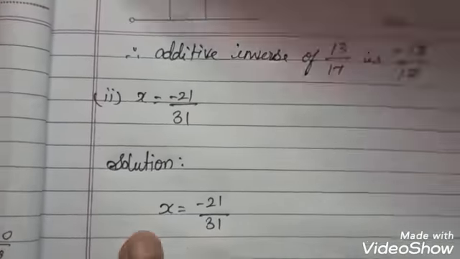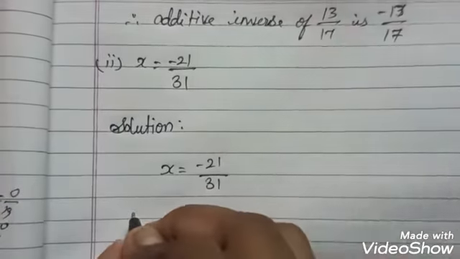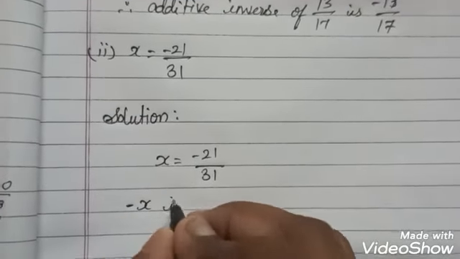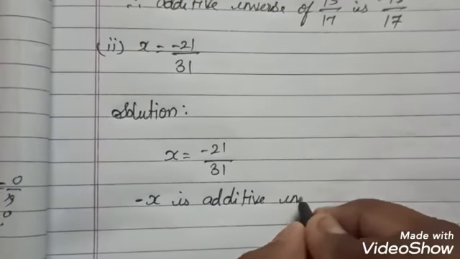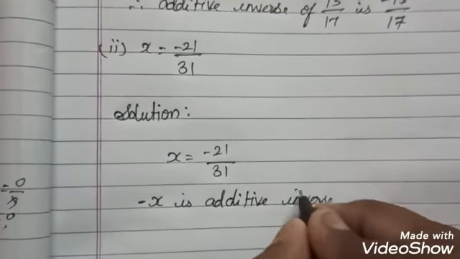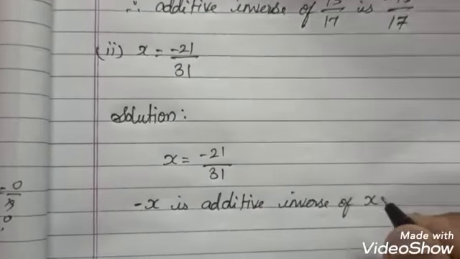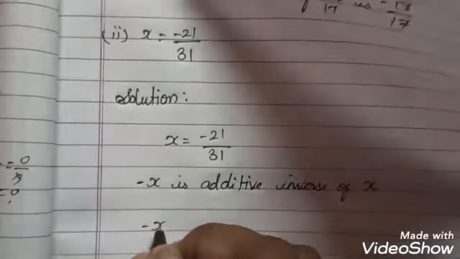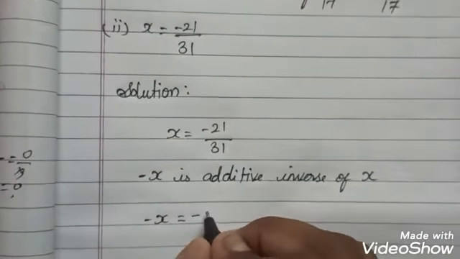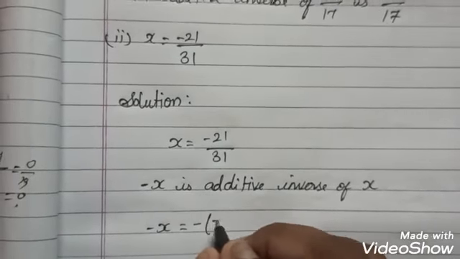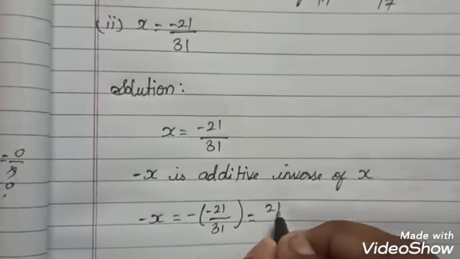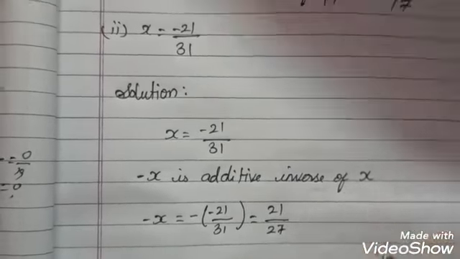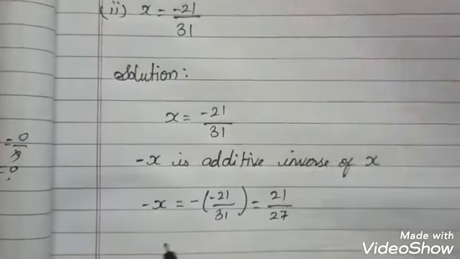So minus x is the additive inverse of x. So minus x is equal to minus into minus 21 by 31, which is equal to 21 by 31.